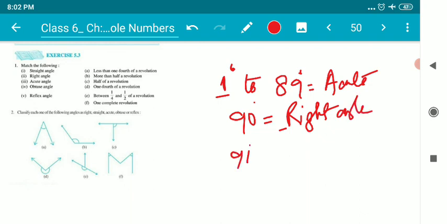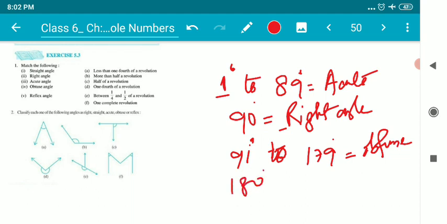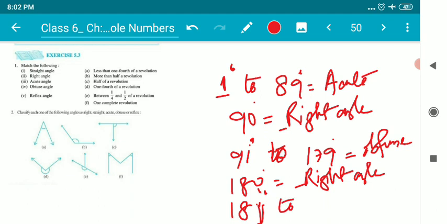From 91 degrees to 179 degrees is called an obtuse angle. Exactly 180 degrees is called a straight angle. From 181 degrees to 359 degrees is called a reflex angle.